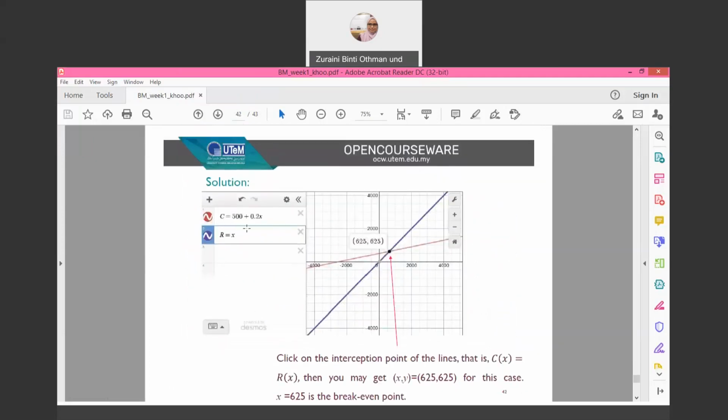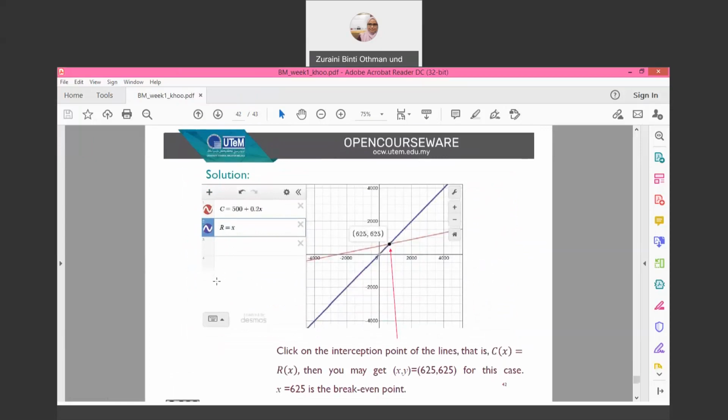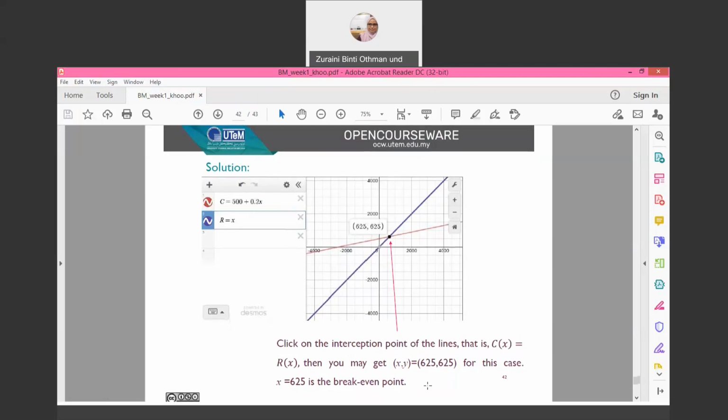Okay, so we know that this is R is equal to X, which is the revenue, and this is the cost. Just now C is total cost for this. Then this is the intersection point. Okay, we click on the intersection, then this Desmos will give you the intersection point. For this case it is the break even point.